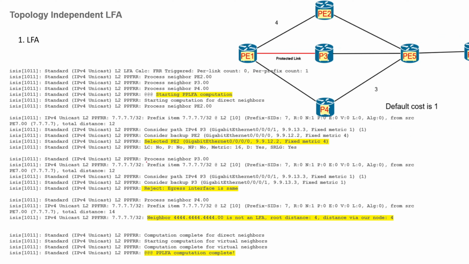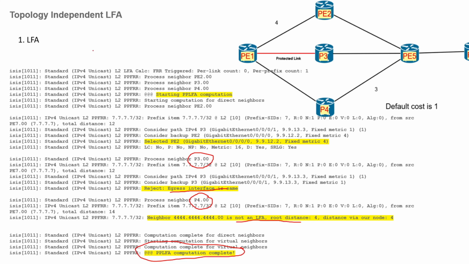Then it runs the RLFA. It runs the RASPF for node P3, but it rejects that, saying that egress is the same interface. Then it runs the RASPF for P4, but it's not the LFA router. And then it completes the LFA operation.